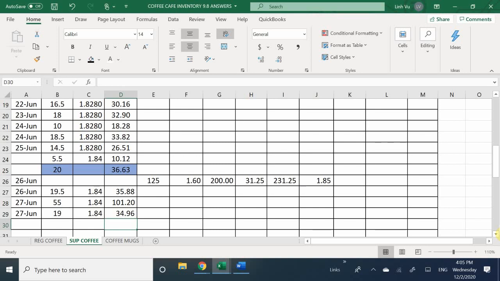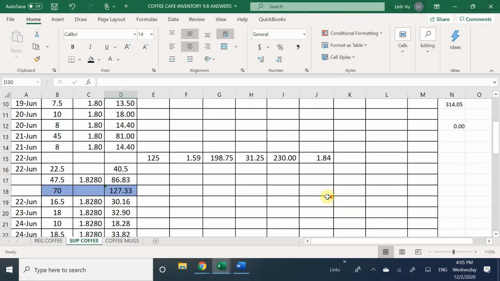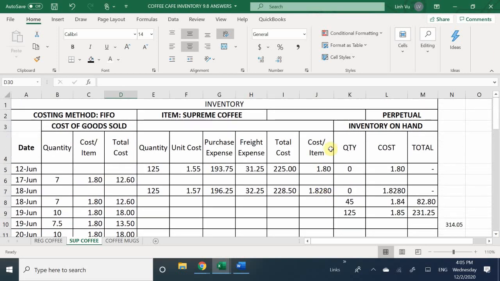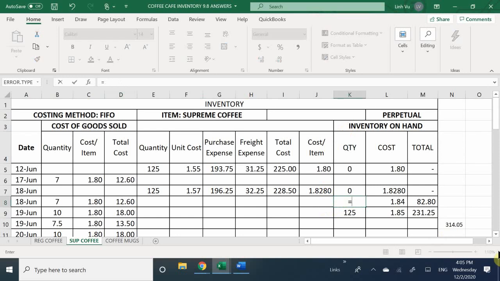For our total of $34.96. That's what I got. All right, and then we have to subtract from our 45 the 19, leaving us with 26 pounds and a total of $47.84 for that batch and $279.09 in inventory of coffee for the Supreme.